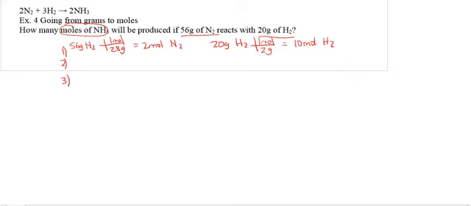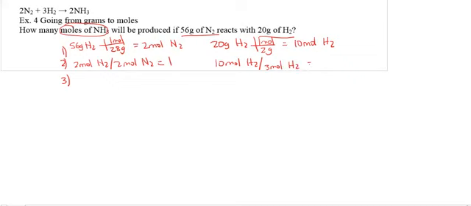Now divide both of them by the coefficient. 2 moles of N2 divided by the coefficient, 2 moles of N2, gives you 1. 10 moles of H2 divided by the coefficient, which is 3 moles of H2.